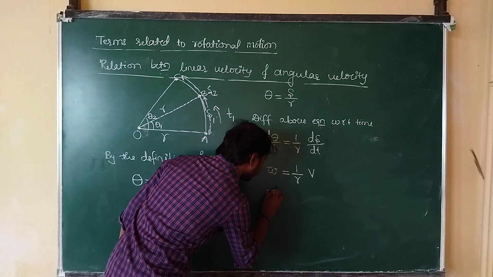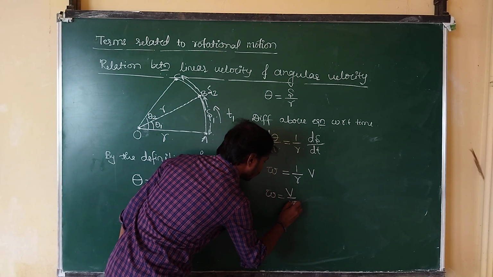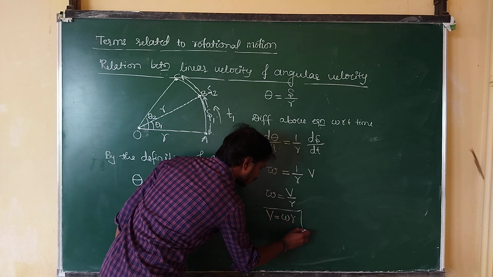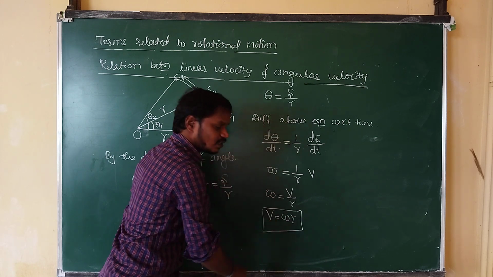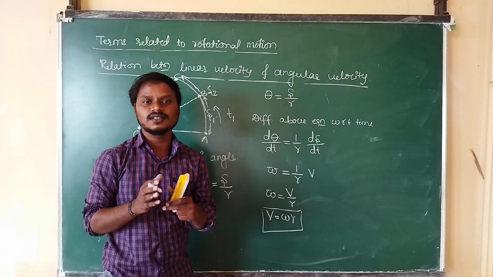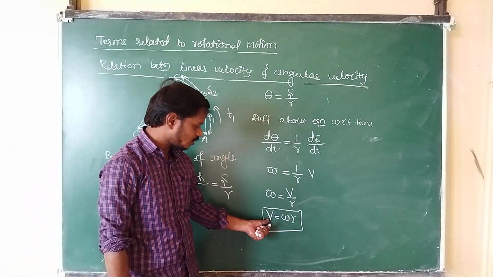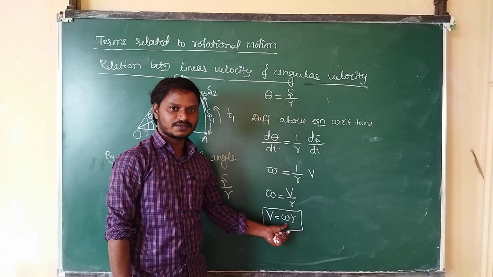Hence omega is equal to v by r, so v is equal to omega into r. This is the relation between linear velocity and angular velocity. In rotational motion we are going to consider both velocities, linear velocity and angular velocity.